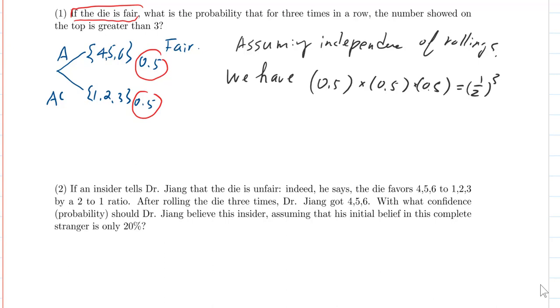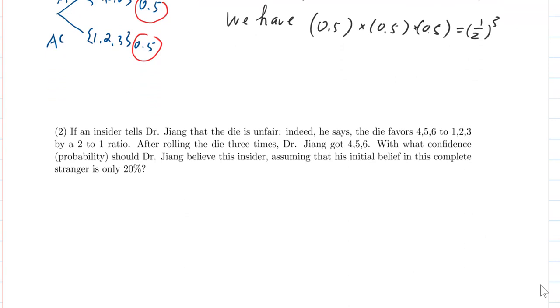And now we are going to look at how to formulate and solve probability problems using a probability tree. Okay. Now we are going to get another event involved over here. So now we have an insider, and this insider is telling Dr. Jiang that the die actually is unfair.